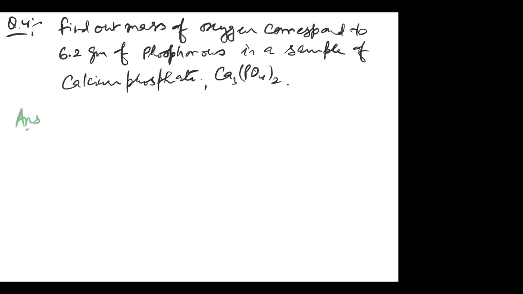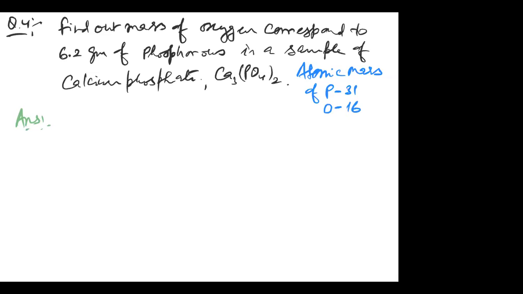So for the answer you should know the atomic mass of oxygen and the atomic mass of phosphorus. It is given in the question only. Atomic mass of phosphorus is found to be 31, and for oxygen it is found to be 16.